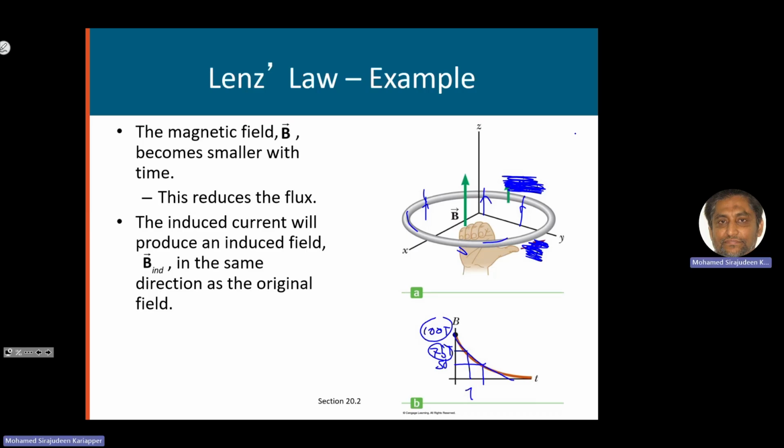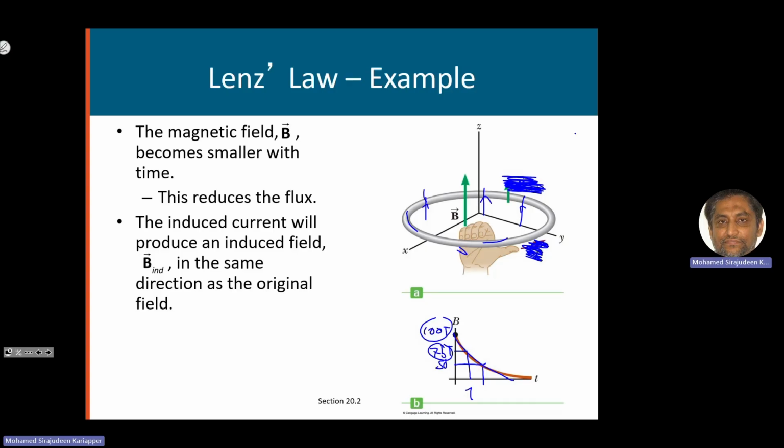How much has it decreased? 25 Tesla. In which direction? The magnetic field is up, right? It goes from 100 Tesla up to 75 Tesla up, still up. So you are changing it by 25 Tesla in the upward direction.